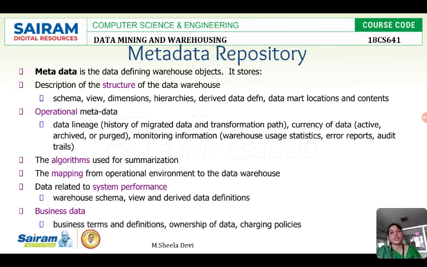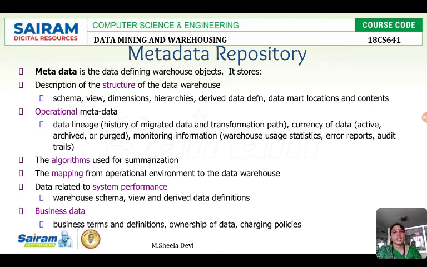Second, it provides operational metadata, that is, the history of migrated data: when it has been migrated and from where, what the update of the data is, how far it is active, and monitoring, that is, how the information is monitored, like warehouse usage statistics and error reports, whether any error has occurred and whether it is corrected.